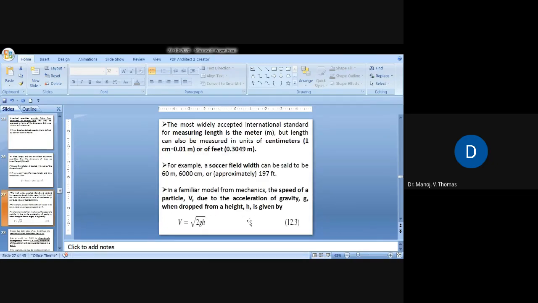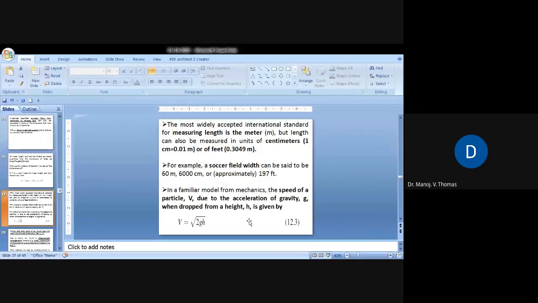So we are coming to dimensional homogeneity, or how we say that an equation is dimensionally homogeneous or dimensionally consistent. Length can be represented in meters, centimeters or feet. For example, a football field width can be specified as 60 meters, 6,000 centimeters, or in feet it is approximately 197 feet.